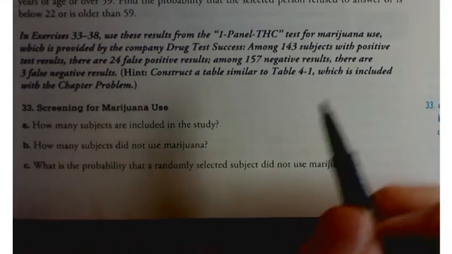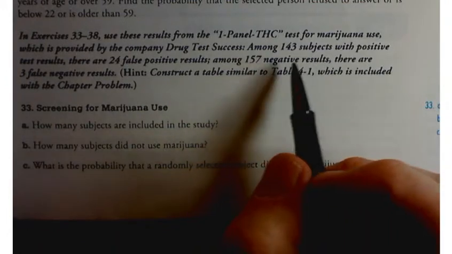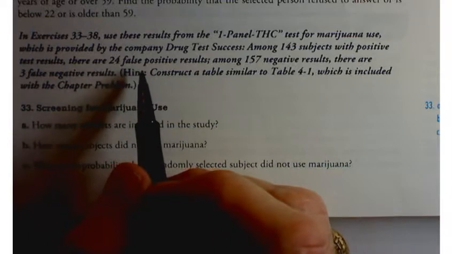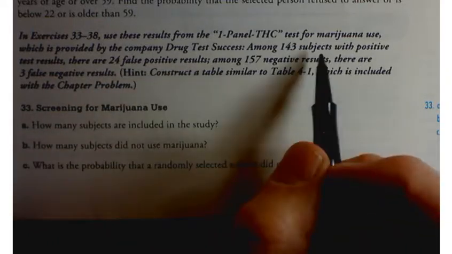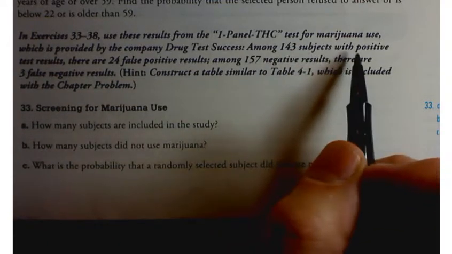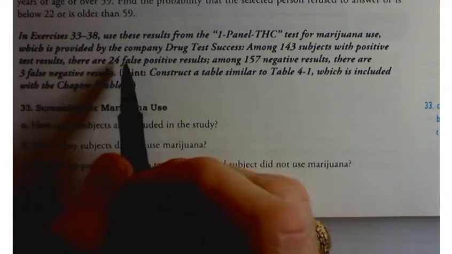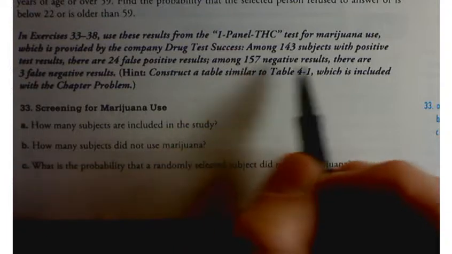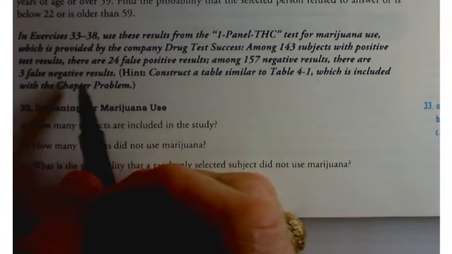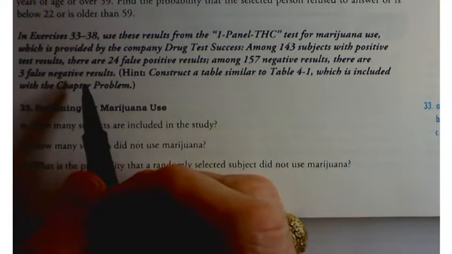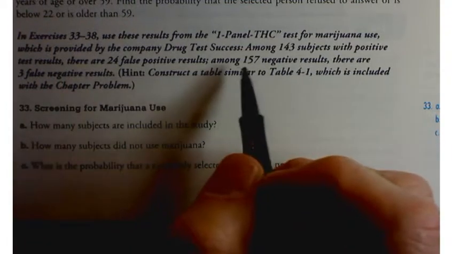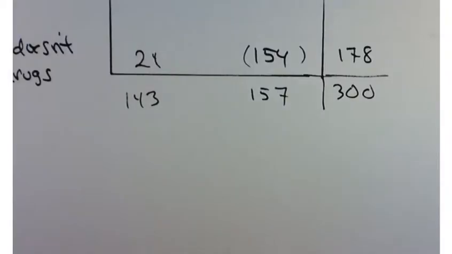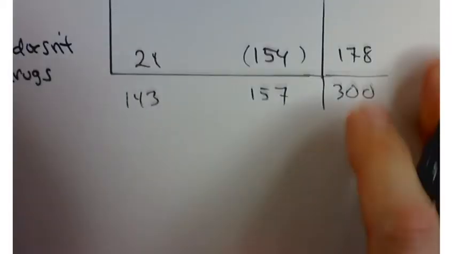So they tell you that there are 143 subjects with positive test results. There are 24 false positives, 157 negative results, and 3 false negative results. So they're telling you some of the marginal totals.